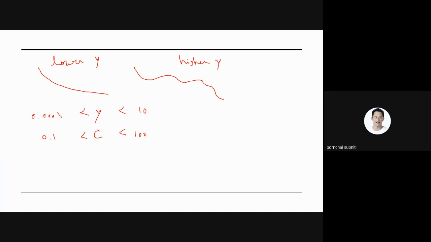And during the training, they rotate or try different combinations of gamma and C.